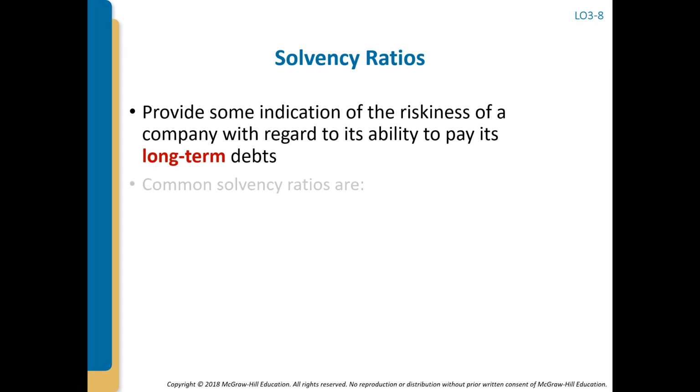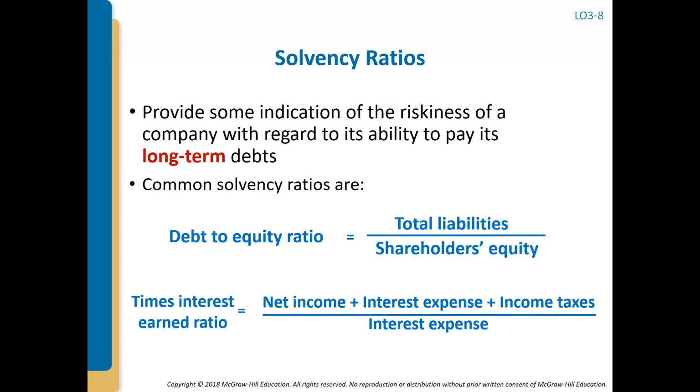The first one is the debt equity ratio, which is equal to total liabilities divided by shareholders' equity, and the times interest earned ratio is net income plus interest expense plus income taxes divided by interest expense.